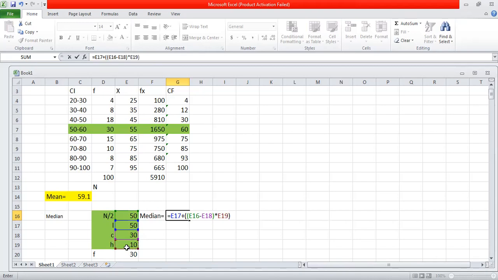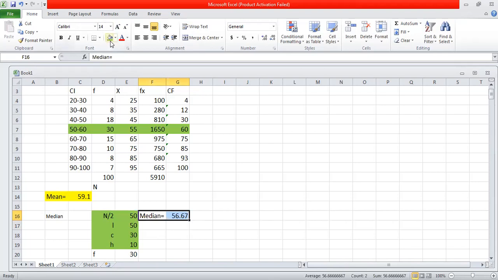Now the numerator is finished, divided by the denominator, that is F value. Yes, now we got the median as 56.67. So if you write the brackets carefully, only then we get this value. I made a mistake in the brackets earlier, so this is the correct median value.